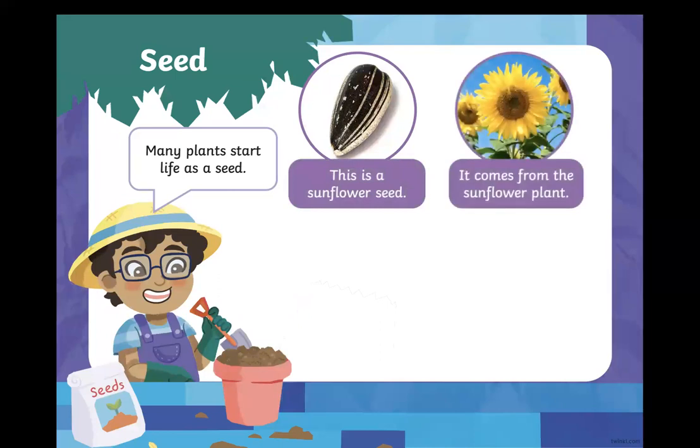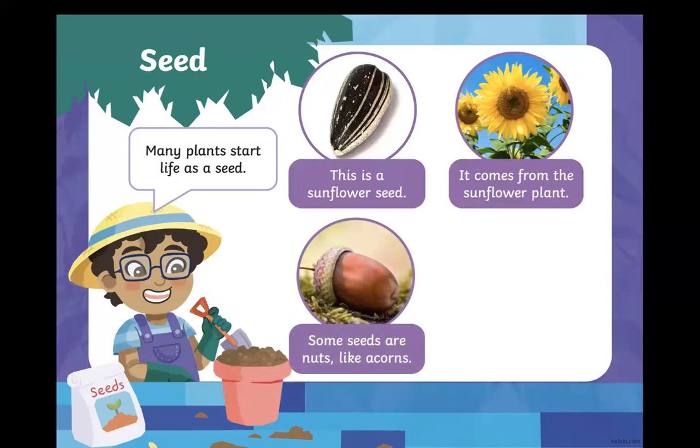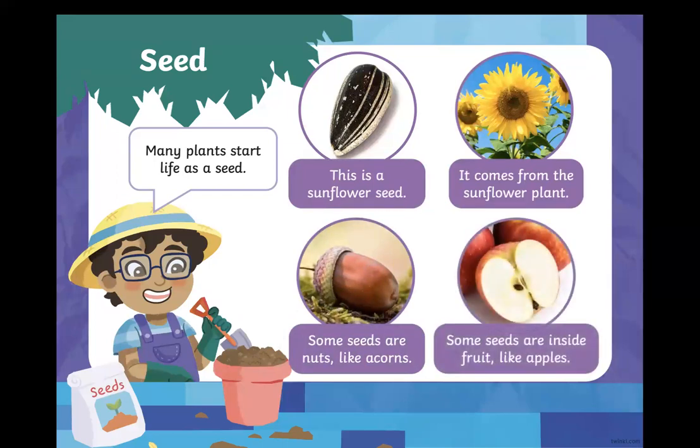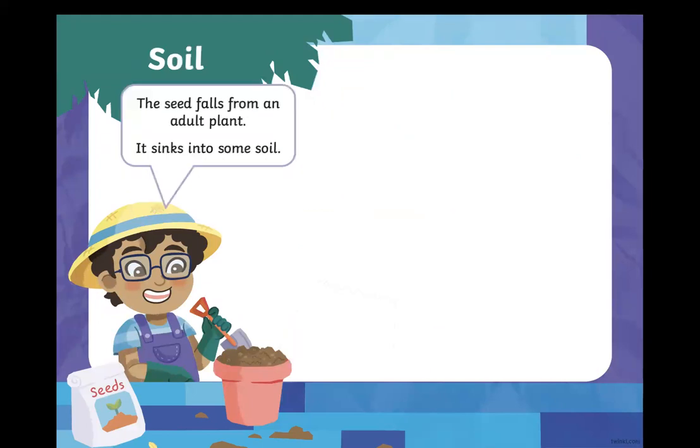It comes from the sunflower plant. Some seeds are nuts like acorns. Some seeds are inside fruits like apples and oranges. There are other fruits that have seeds inside them.